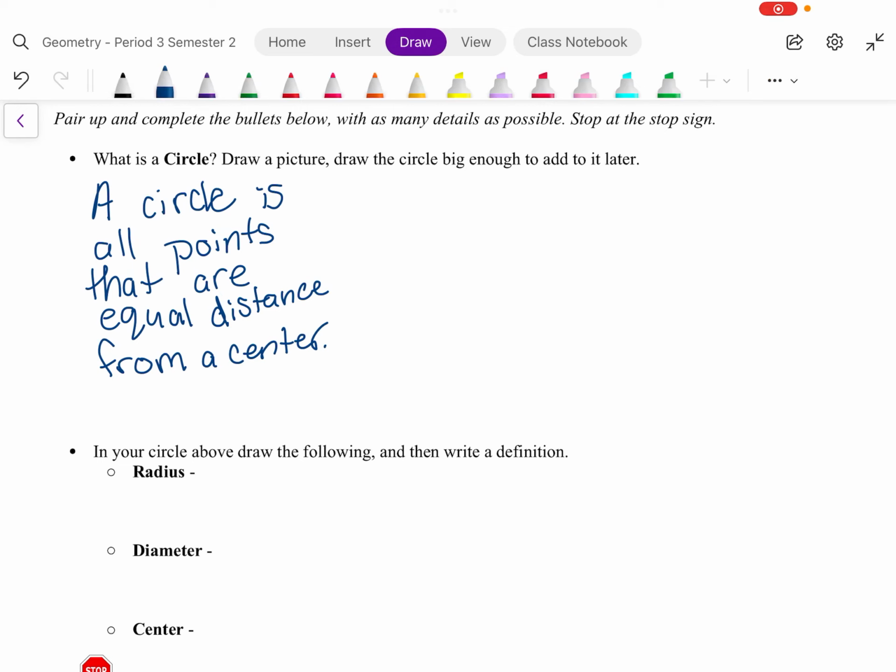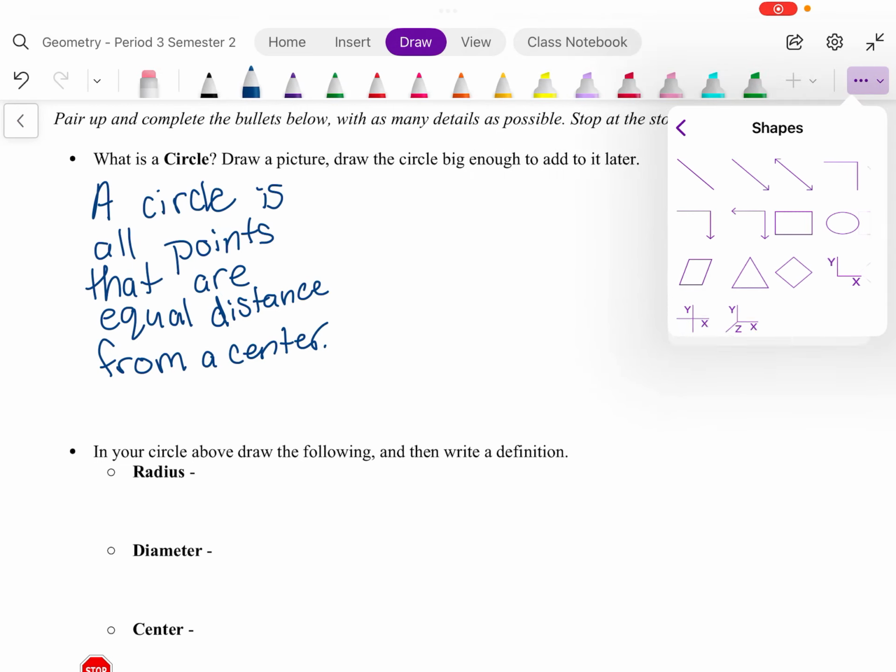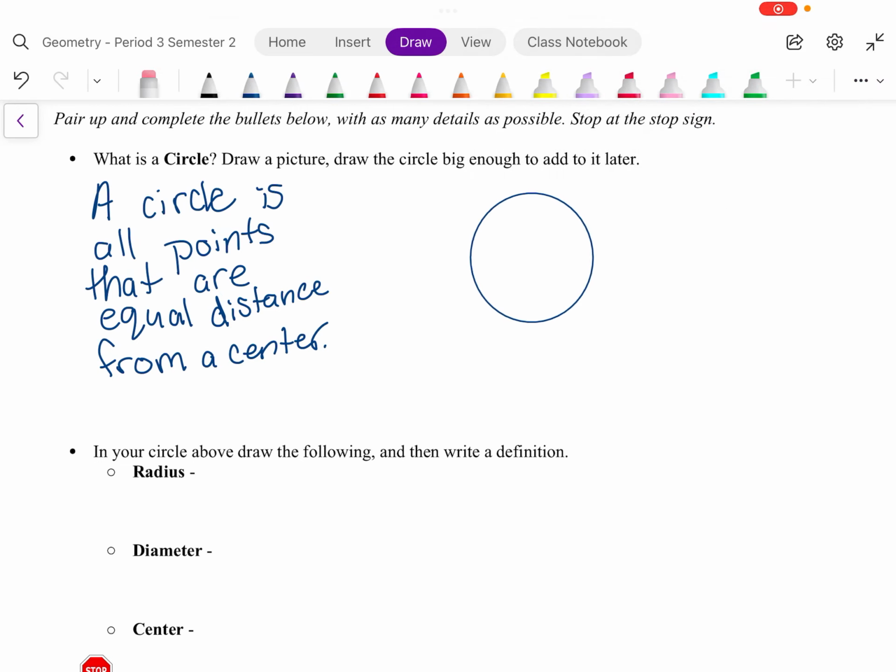All right, so if we have a circle here, I'm going to use the tool so I can get a nice circle. This represents all of the points that are the same distance from the center of the circle. So that point here is the center.